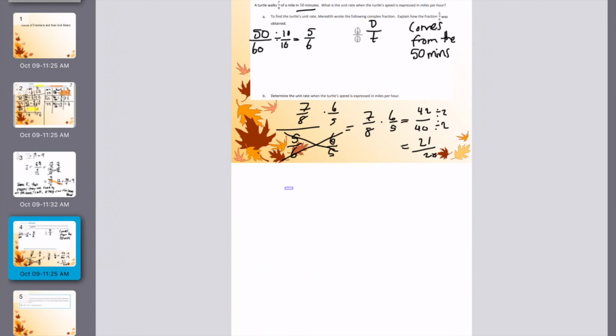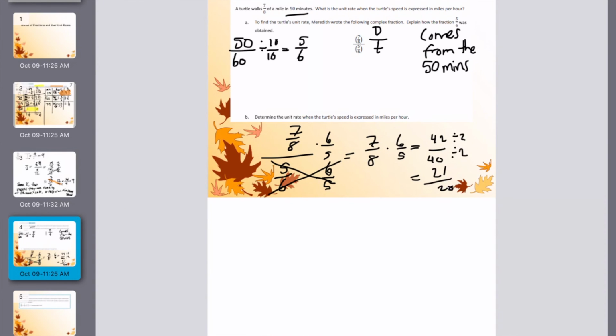So I get 21 over 20, and 21 over 20 is going to be the unit rate. That's our k, our constant of proportionality, our unit rate.